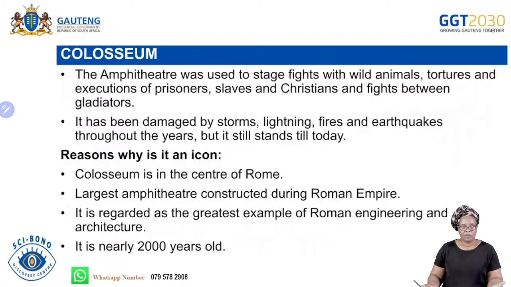The sad thing about this is that it has been damaged by the storms. It is no longer looking as it was before. Remember, it has been built long ago in the 1780s. Now the storms have damaged it. Lightning, the fires, the earthquake, they have contributed to damage this throughout the years.